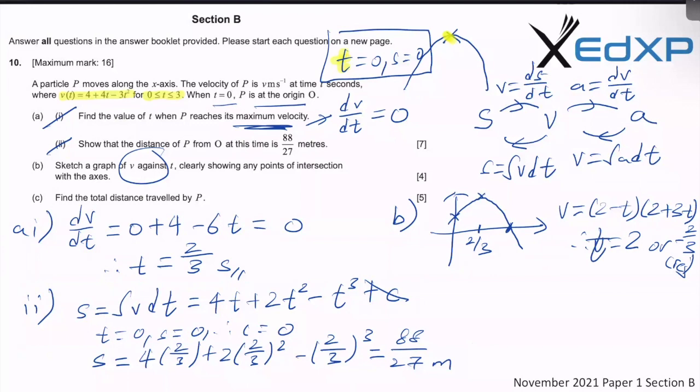So we reject the negative time because there's no such thing, which means that the x-intercept must be 2. Okay, and that is our graph of v-t, showing any points of intersection with the axes. And part C, we want to find the total distance traveled by P.